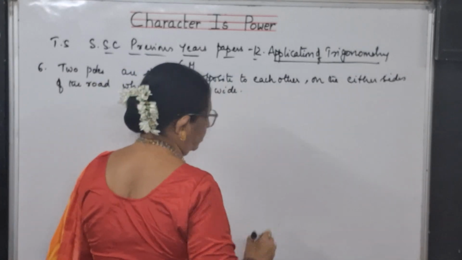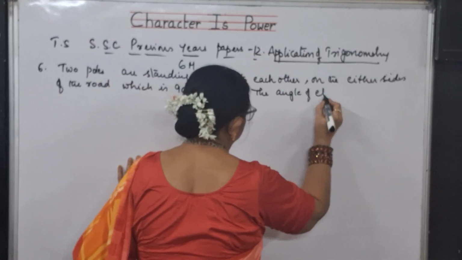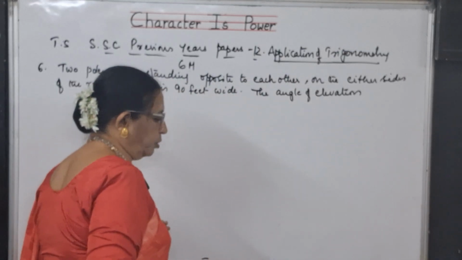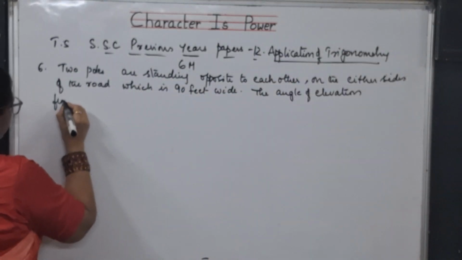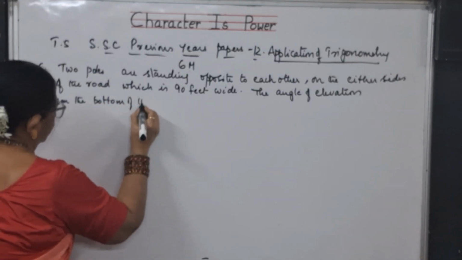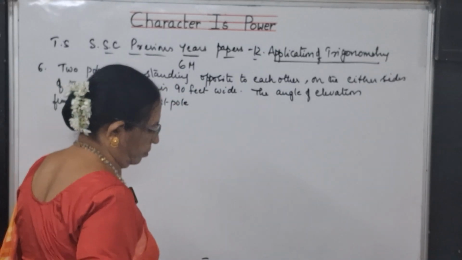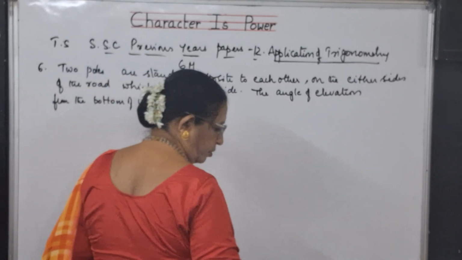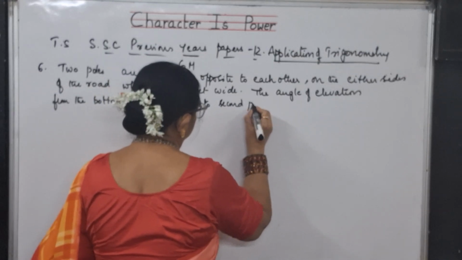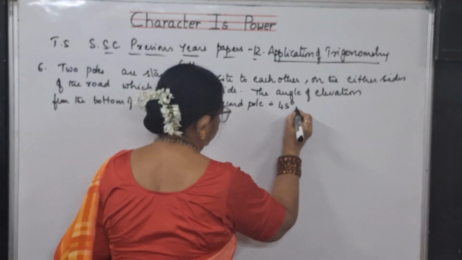The angle of elevation from the bottom of the first pole to the second pole is 45 degrees.